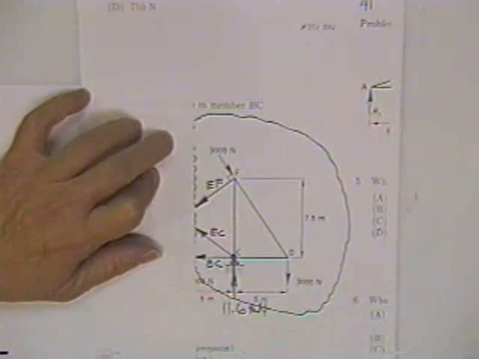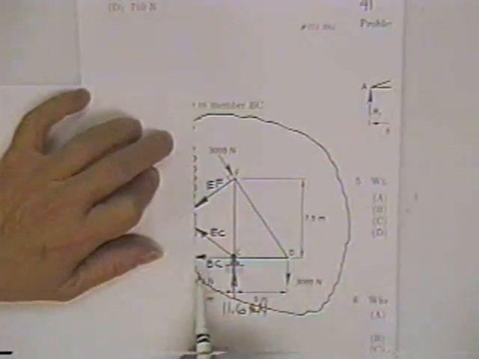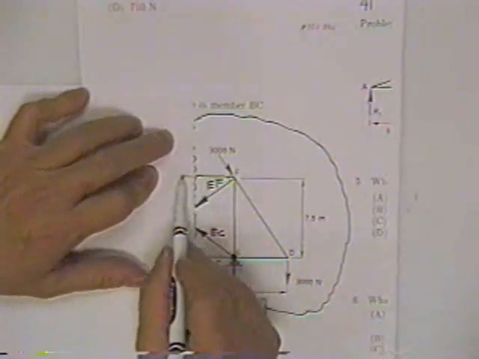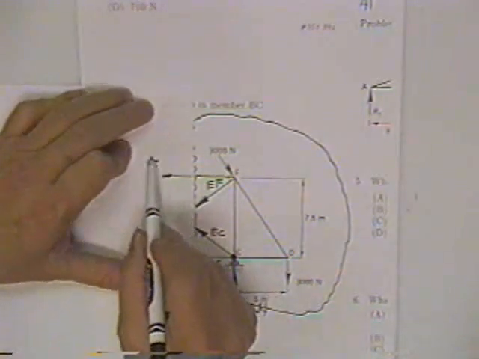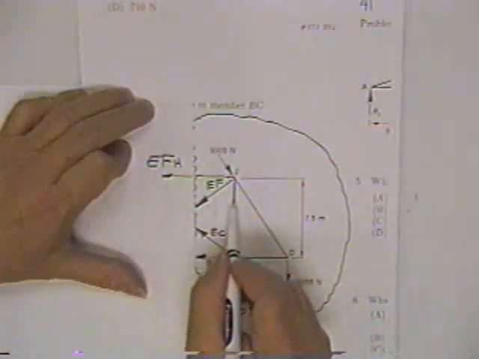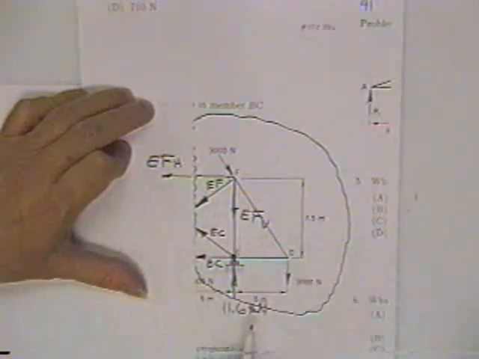Now you'll have to be a little careful with EF, because EF isn't going to have a nice moment arm. In order to get EF, you'll have to show EF horizontal, go ahead and break it up into two pieces, EF horizontal and EF vertical.